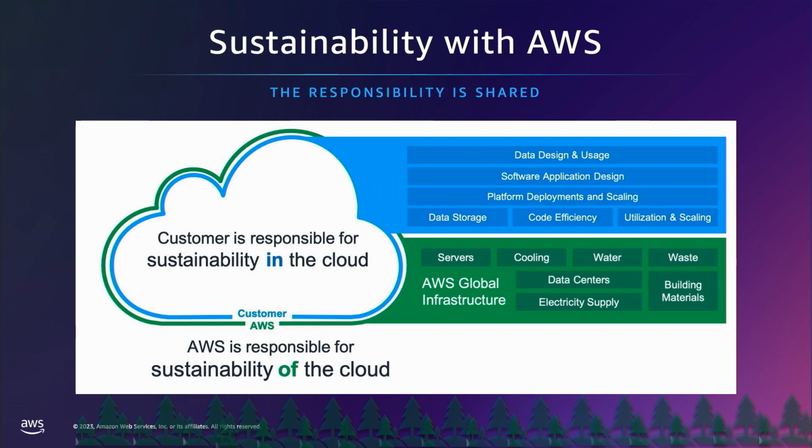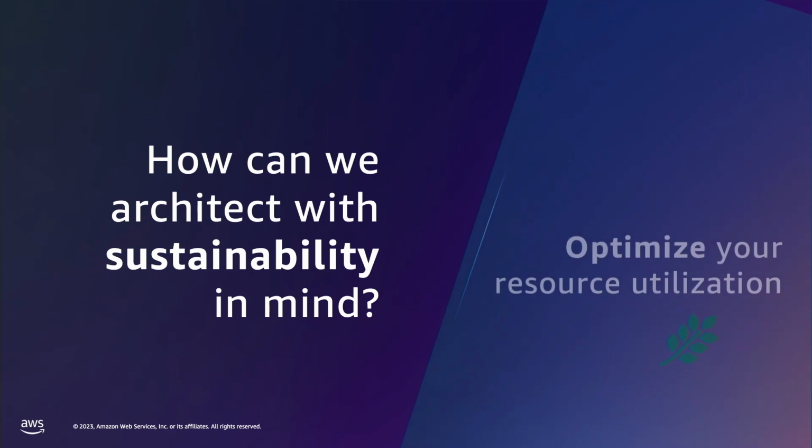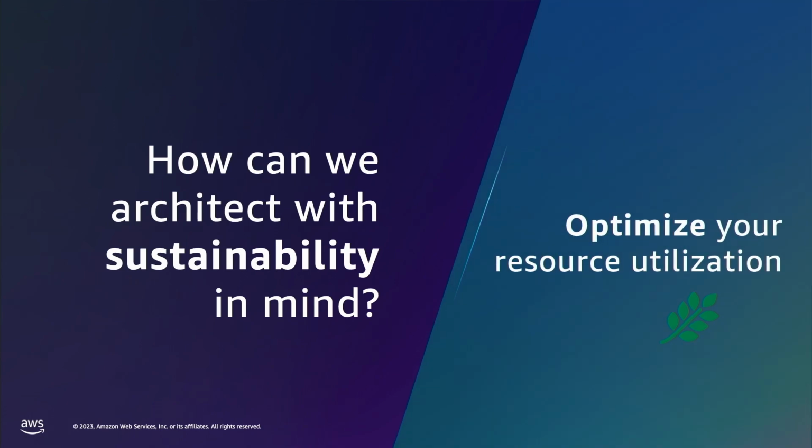But this alone is not enough. Again, you really need to have architectural decisions that optimize the resource consumption within your systems, with both sustainability and cost savings in mind. For that reason, if you want to architect with sustainability in mind, you really need to optimize the resource consumption of these services.